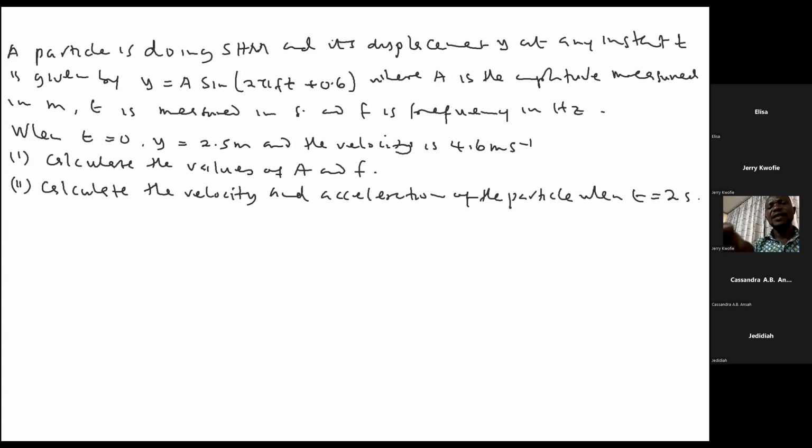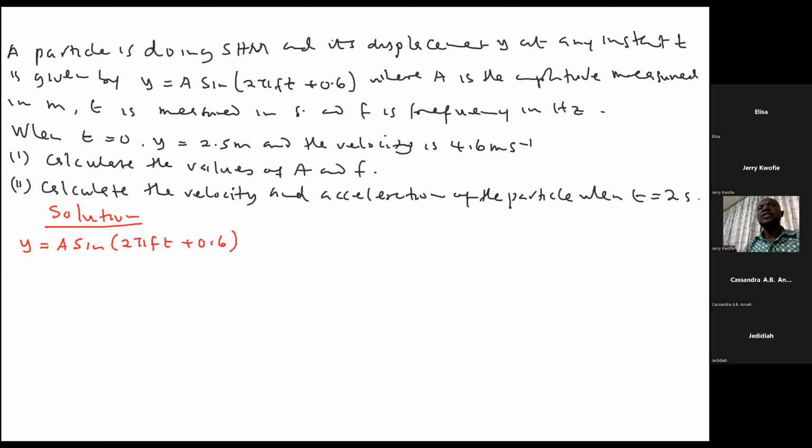We have an equation for the displacement, and that equation is y is equal to A sine (2 pi f t plus 0.6). What are the conditions? It says that when t is equal to 0, y is 2.5 and velocity is 4.6.